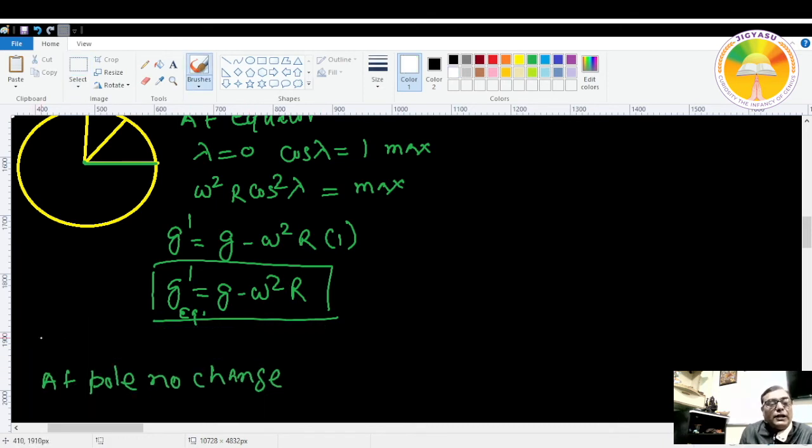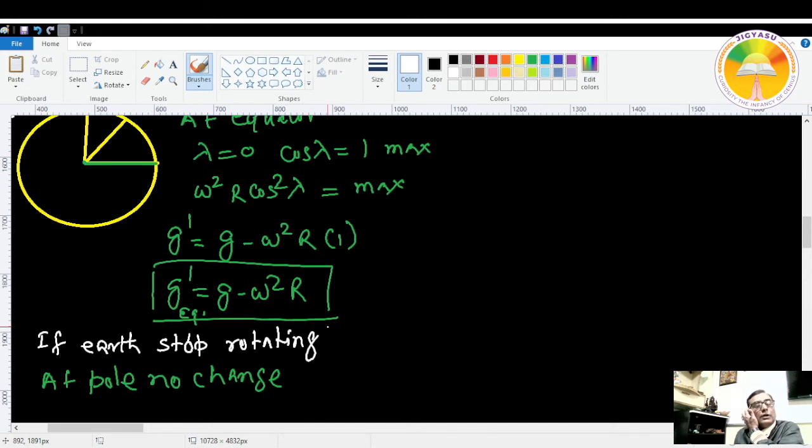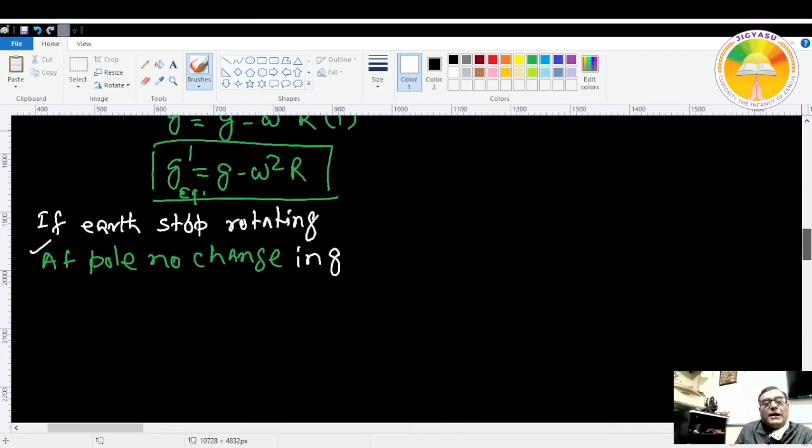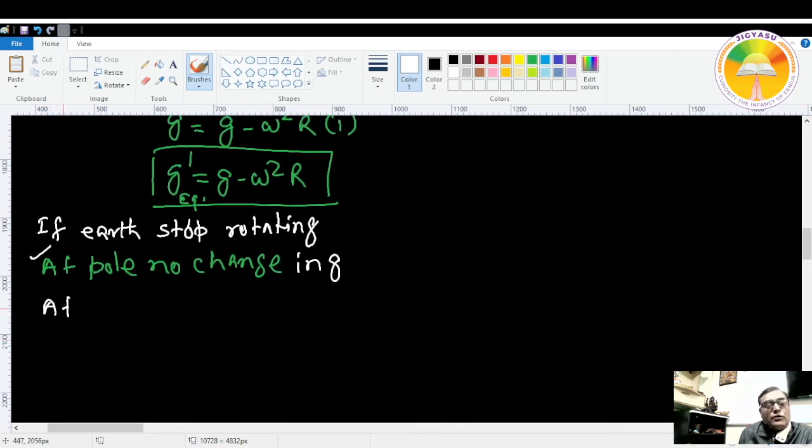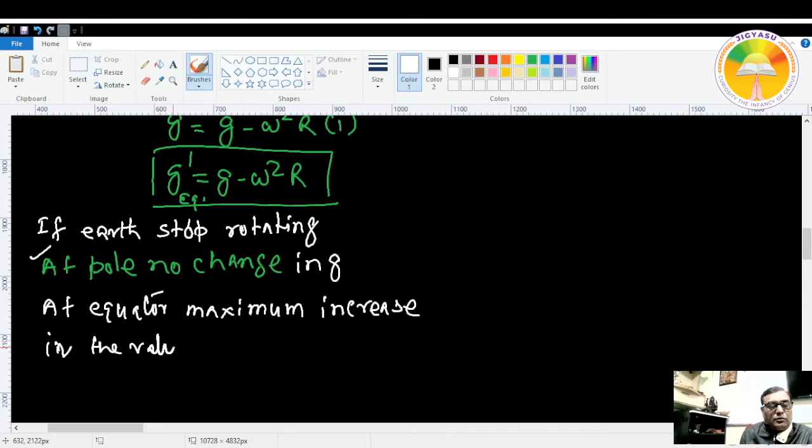So let me write here, if the Earth stops rotating, then at the pole there will be no change in g, and at the equator a maximum increase in the value of g will be seen.